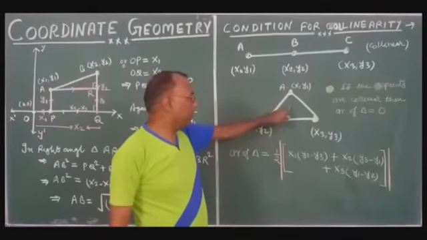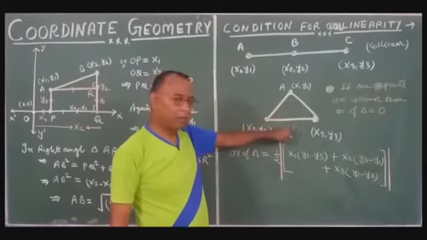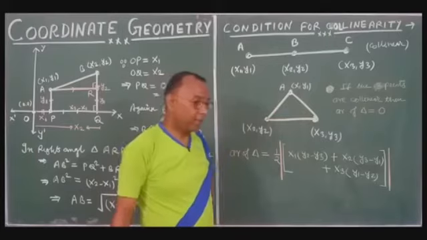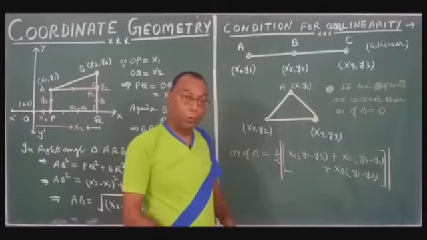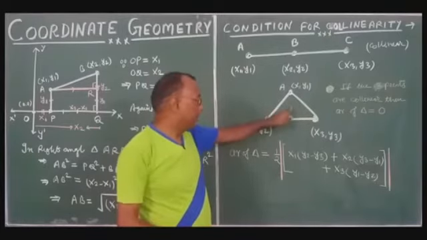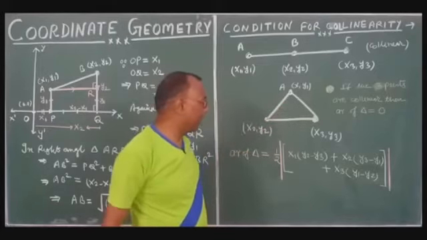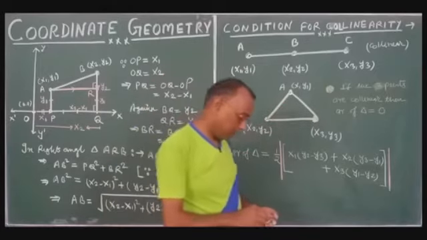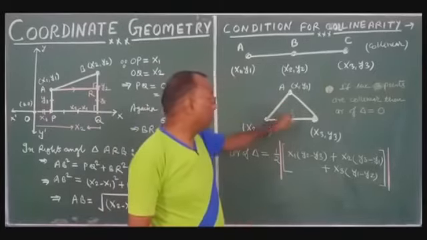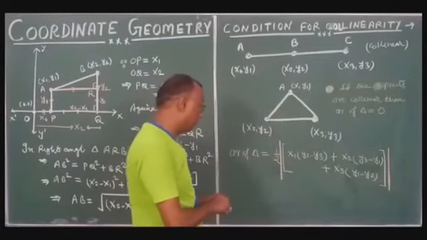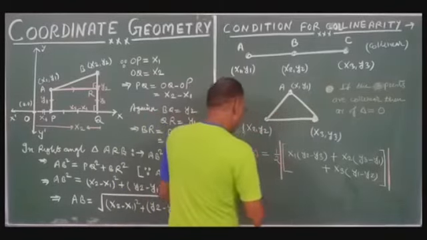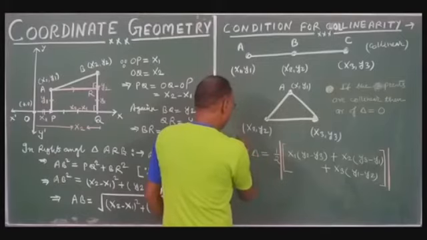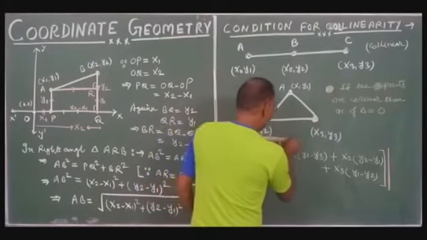If the area of this triangle is 0, it means the points are collinear. If there is some area of the triangle, it means the points are non-collinear. So this is the formula for the area of a triangle.